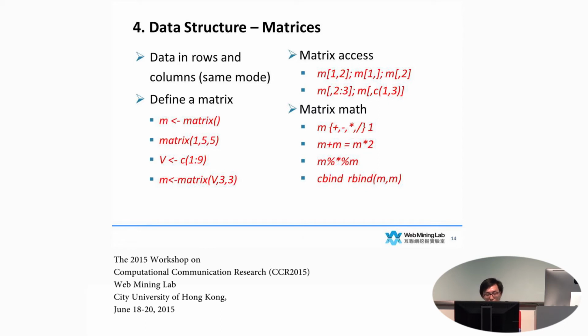The M matrix looks like this. If we append another n matrix here, it will look like this. Another function is called rbind. That means we append it under the matrix. Here, see.